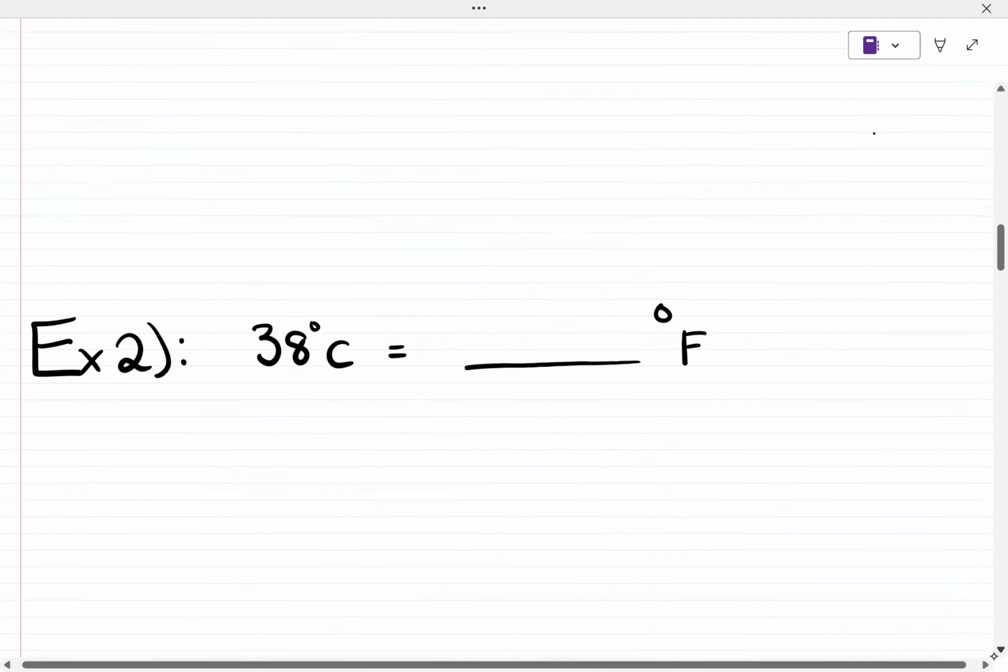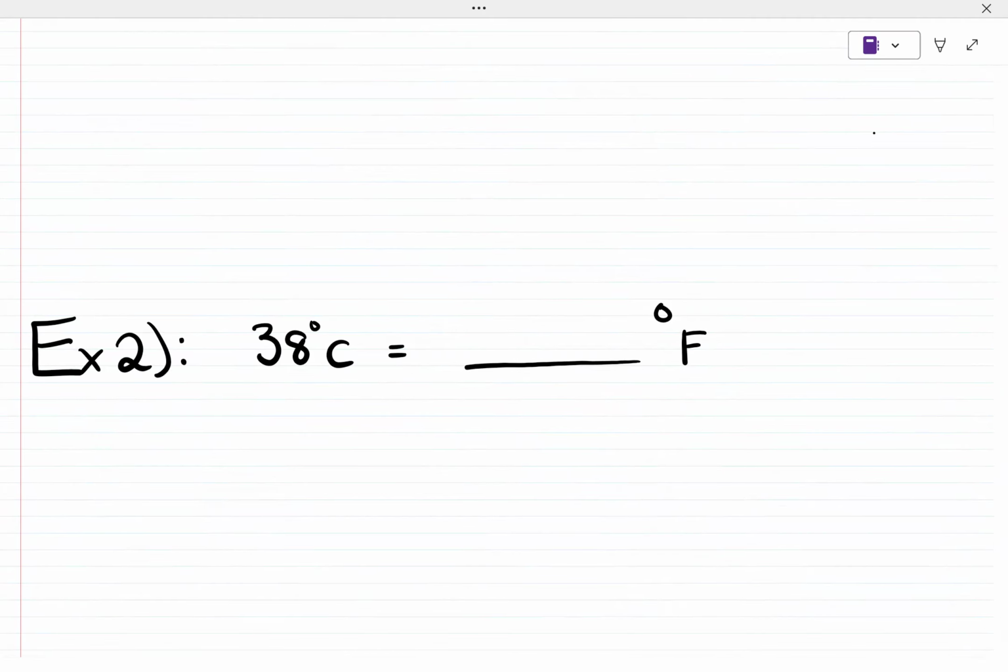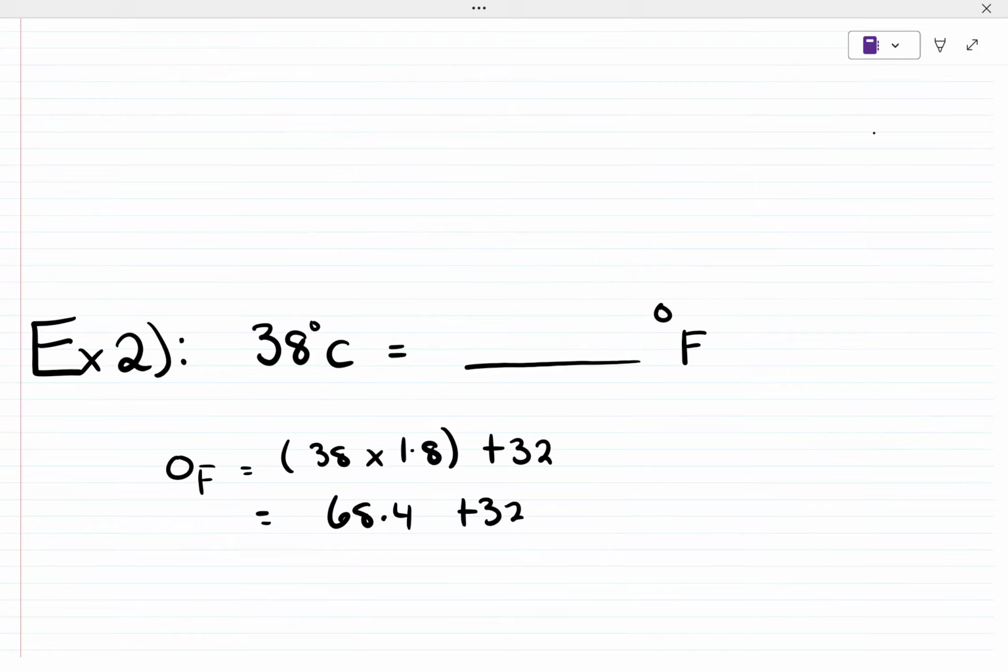Example two, we have 38 degrees Celsius and we want to convert it to Fahrenheit. So we're going to use rule two. Rule two states degrees in Fahrenheit equals your degree in Celsius, which is 38, times 1.8 plus 32. So 38 times 1.8 is 68.4, plus 32.